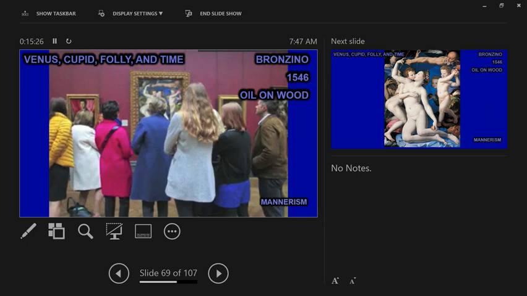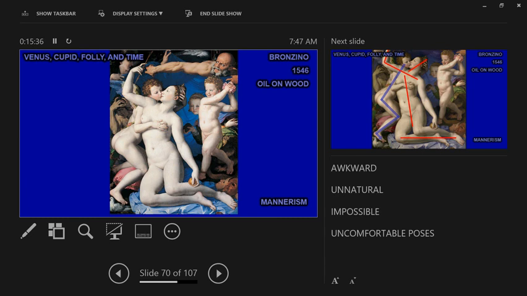And this Madonna of the Rocks was the Leonardo painting. Virgin of the Rocks, that's what it is. All right. Okay, so this painting right here, look at the awkward poses of Venus and Cupid.